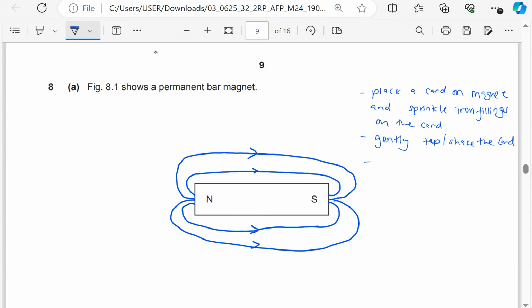The iron filings are going to arrange themselves to show the pattern of the magnetic field.